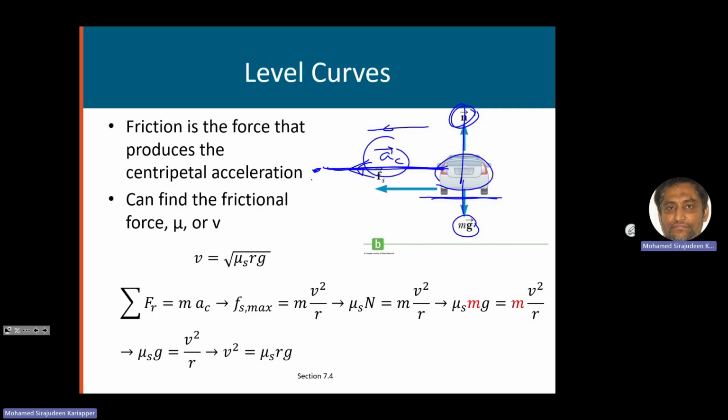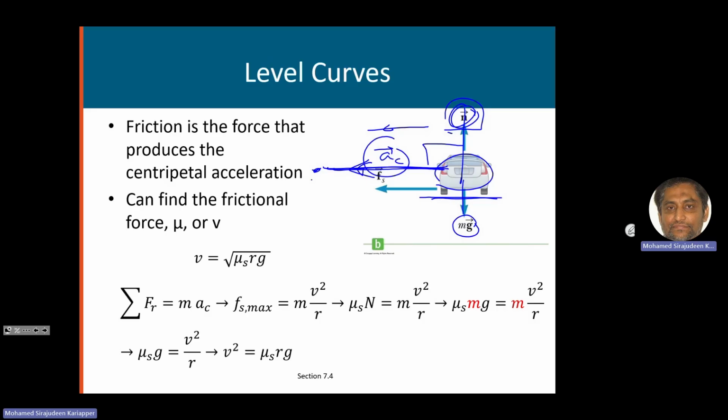Now, if these are the only forces, how can we have a force in this direction? These have no component in this direction. What is this angle? 90 degrees. So cosine 90 is 0. The normal force cannot contribute to the centripetal force because it has 0 component.